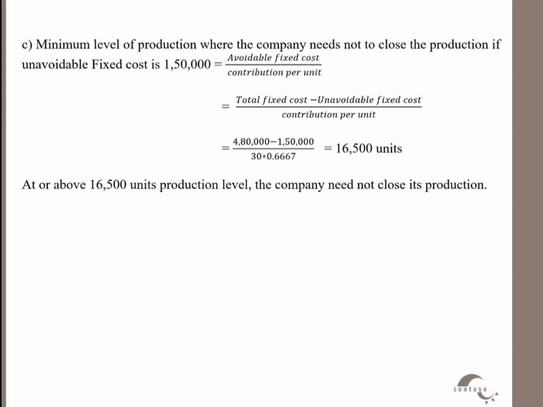The total fixed cost we already know is 4,18,000. The unavoidable fixed cost is given in the question, divided by contribution per unit. 13 is the selling price per unit, and PV ratio is 0.6667. So we get 16,500 units. This is our minimum level of production where the company need not close the production. At or above 16,500 units of production level, the company need not close its production.